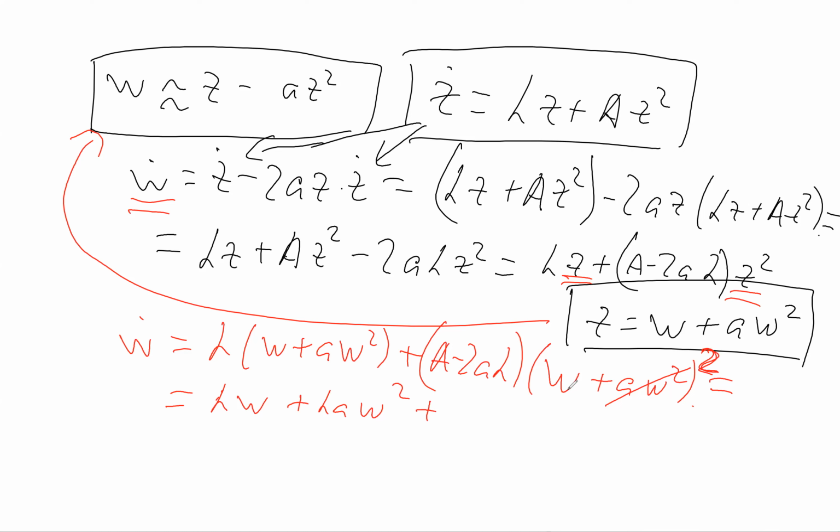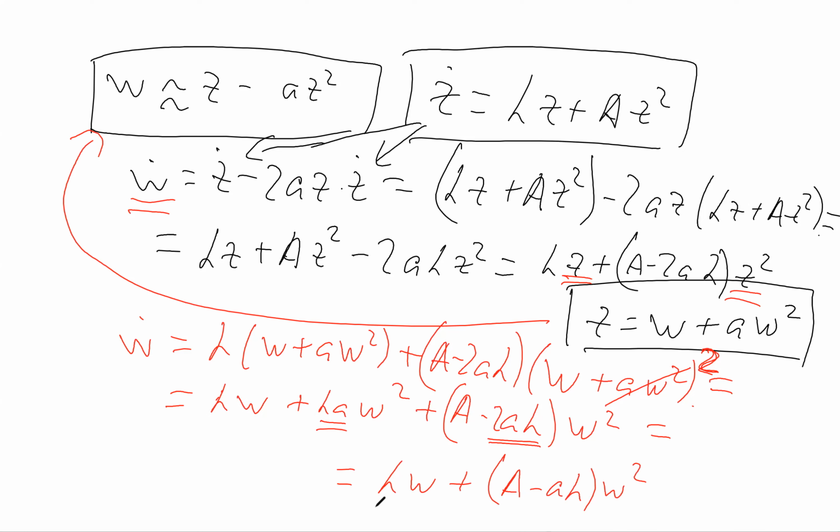Therefore, here we will have w squared only, times 8 minus 2a lambda. So there will be a cubic term and a fourth degree term; we ignore all of them, everything which is more than quadratic. What we can see here, we have minus 2a lambda, and here we have a lambda. Therefore, it will be lambda w plus 8 minus a lambda times w squared.